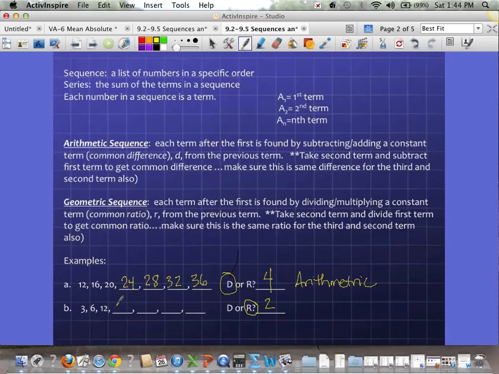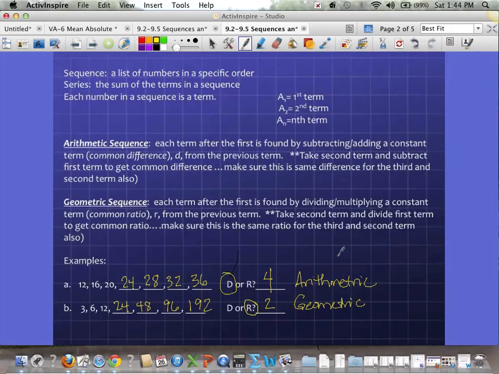So 12 times 2 is 24. Times 2 is 48. Times 2 is 96. And times 2 is going to be, I can't do it, been on break too long, 192. Okay, so this would be geometric.